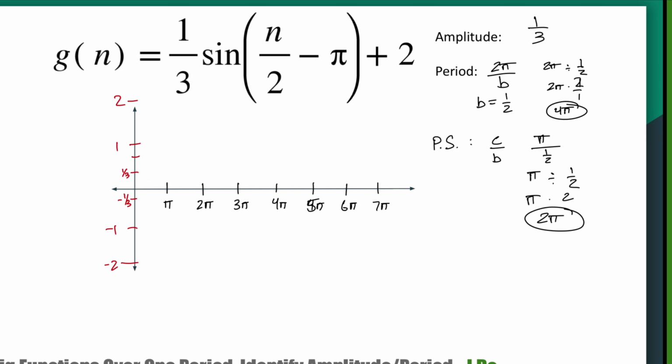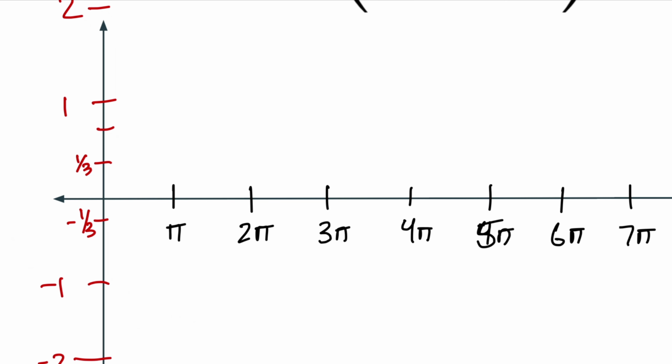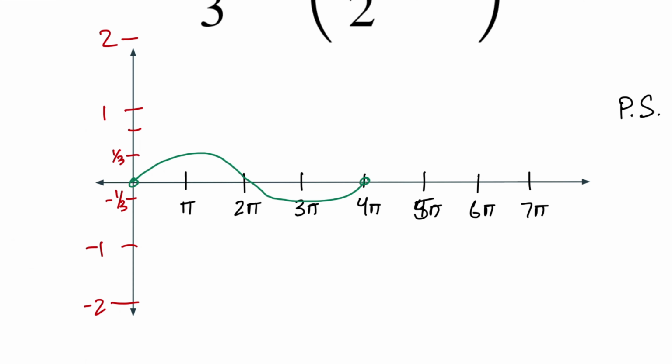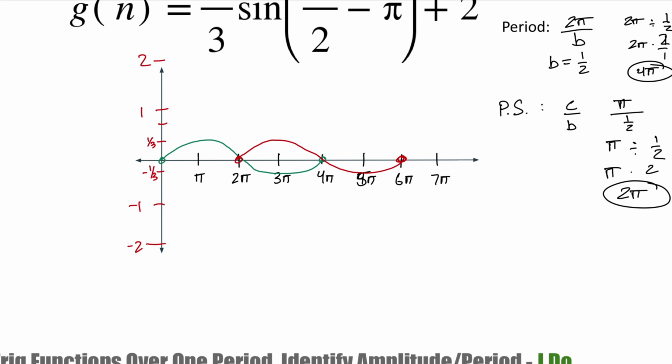I'm going to draw it without the phase shift, then do the phase shift. It's sine, and we're going up. So starting here, I go up, down, back, here. Now if I include the phase shift, that's right 2, so I should start here. Up, down, back, over. So that red one, let's go red as phase shift.